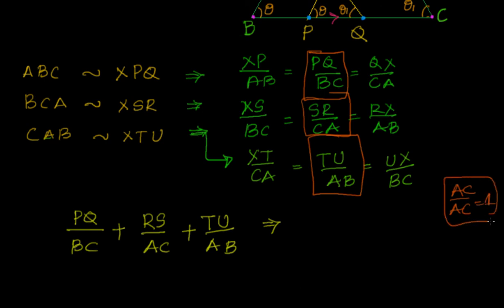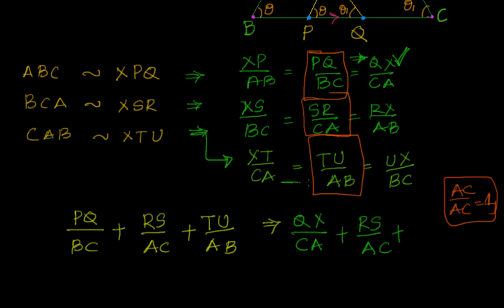So what I will do now, I will convert all my denominators into AC. So PQ by BC is nothing but equal to QX by CA. So I will write down QX by CA or AC plus RS by AC plus TU by AB.